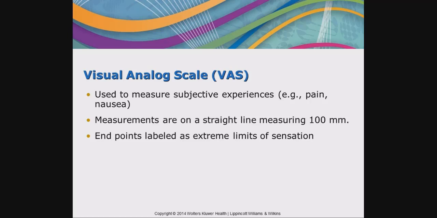This is what the subject experiences. Fatigue, dyspnea. It's a great tool. And there are several out there that already have wonderful validity and reliability established. So, know the visual analog scale.